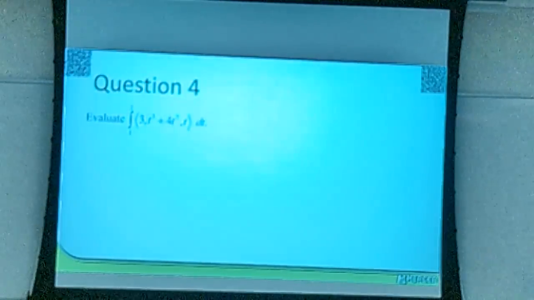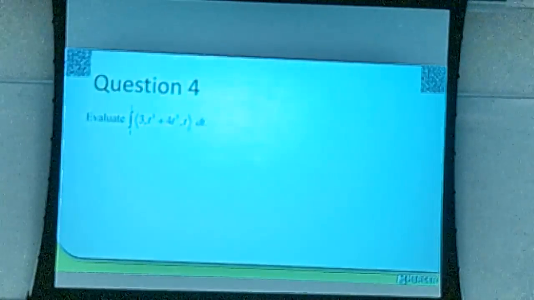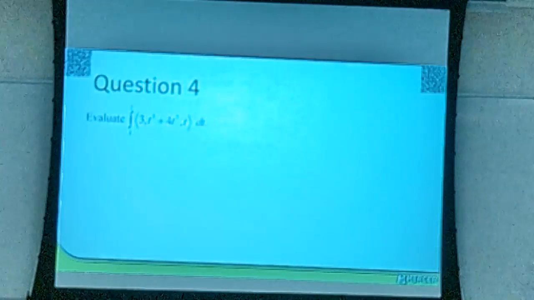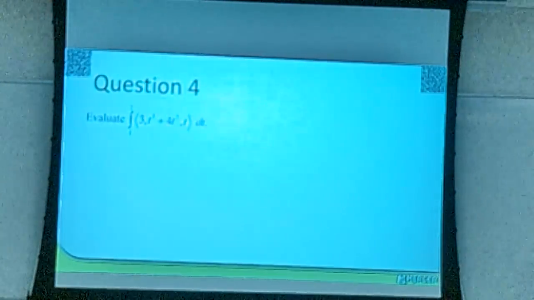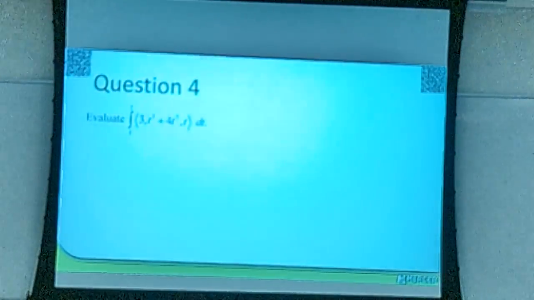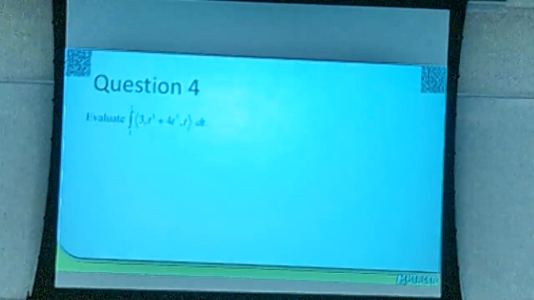So evaluate the integral. And again, for this problem, I'll do all the intermediate steps, and then I won't ever do that again. So remember, how do we evaluate an integral? Since the integral is a limit, what do we do? For us to evaluate the integral of a vector, what do we do?